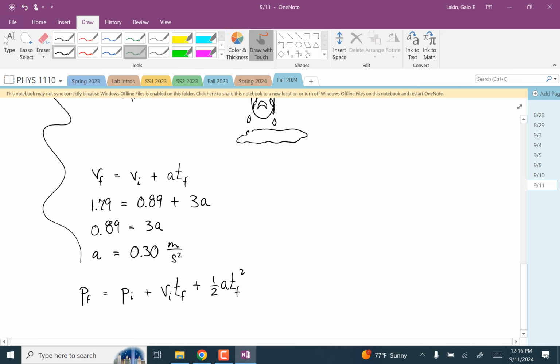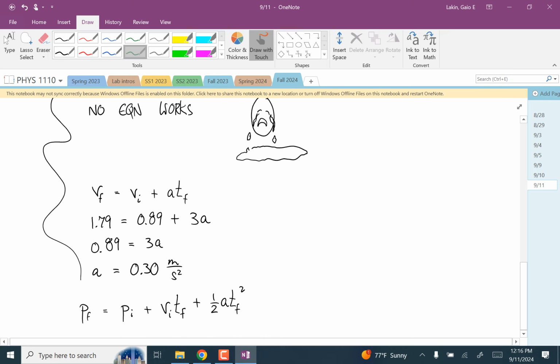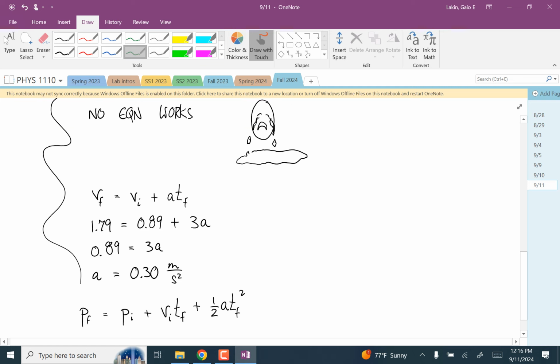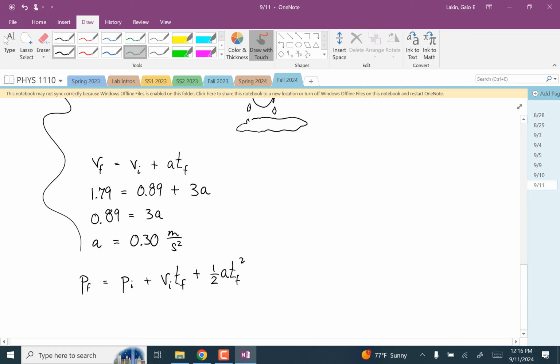So let's just check to make sure. We're trying to calculate PF, and that's in the equation. And then we know PI, we know VI, we know TF, and now we know A. So this one will work.